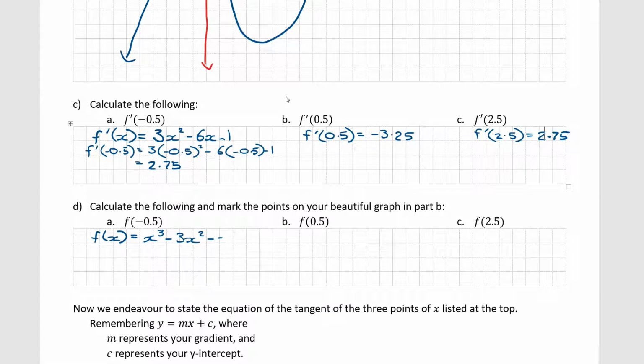Now substituting in negative 0.5, minus negative 0.5, then finally plus 3. Evaluating this with our calculators, it comes out to be 2.625.